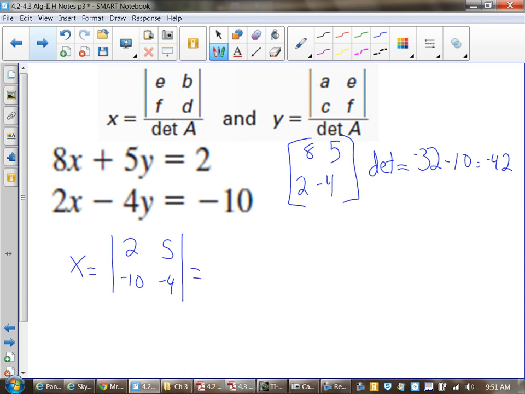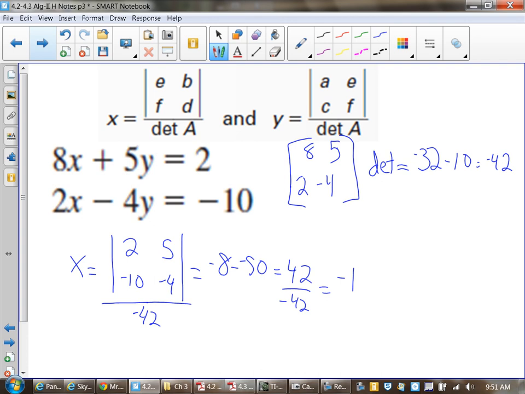That determinant is -8 minus -50, and I get positive 42. You agree? Divided by negative 42. You get x is equal to negative 1.